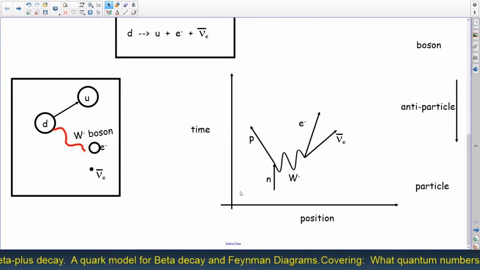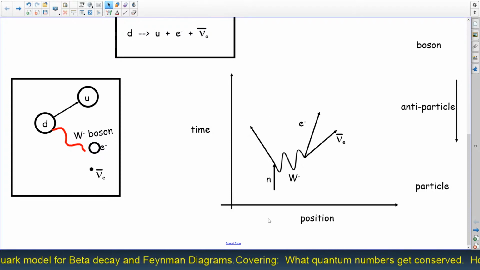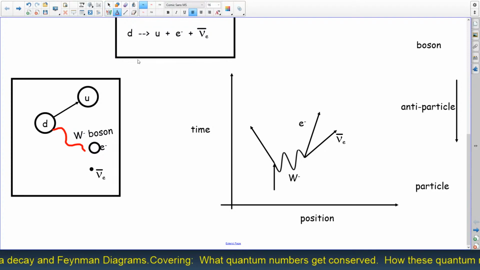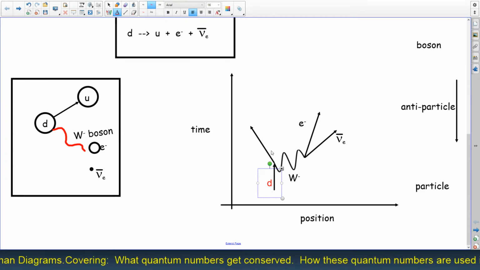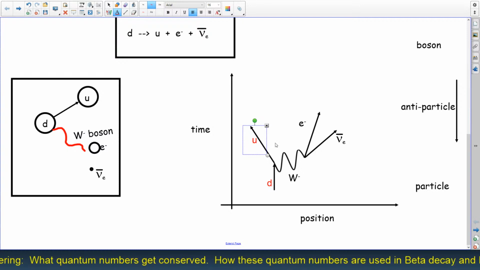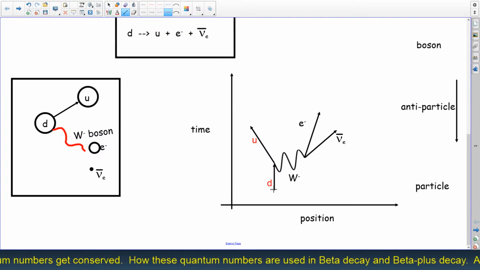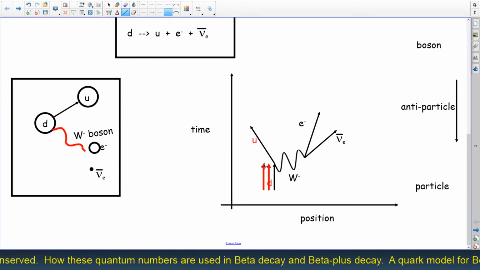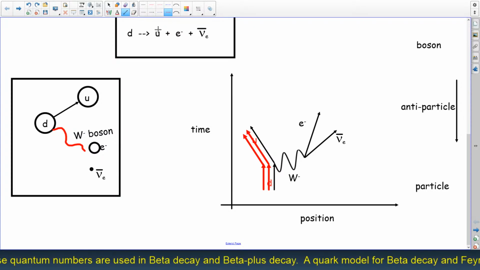Now we can get ourselves super duper fancy by doing the following. Instead of having neutron and proton, we can replace that with our quark. That is a down quark, and then that becomes an up quark. So our down becomes an up, and everything else remains the same here. And if you want to be ultra fancy, you can do another couple of arrows in here as well, and you can express the entire system.